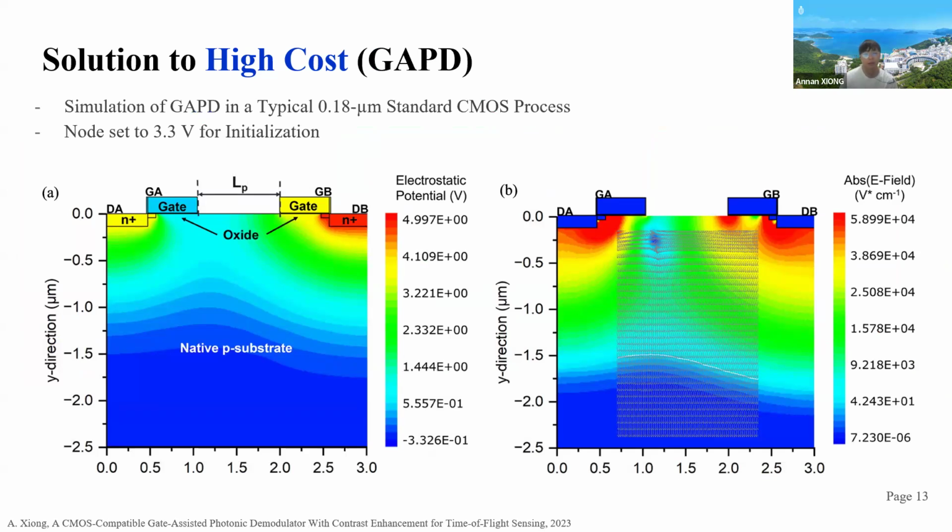To get the real case, we do the simulation of GAPD in a typical 0.18 micrometer standard CMOS process. The sensing node is set to 3.3 volt for initialization. After the initialization for DA and DB, we start to modulate GA and GB, also with 3.3 volt. These two figures show the potential and the electric field of this structure.